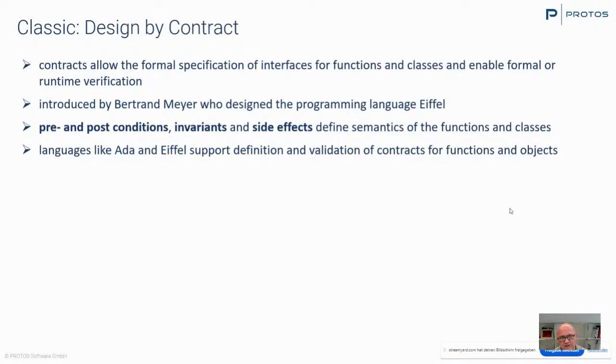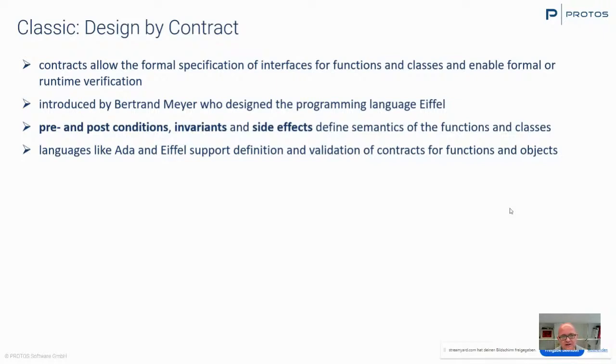So let's talk a little bit about contracts, about design by contract. Let's start with the usual contracts as introduced by Bertrand Meyer. He designed the programming language Eiffel, which has contracts.